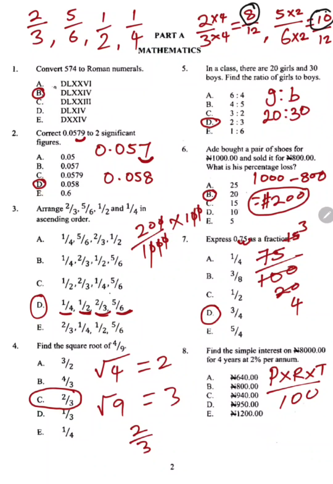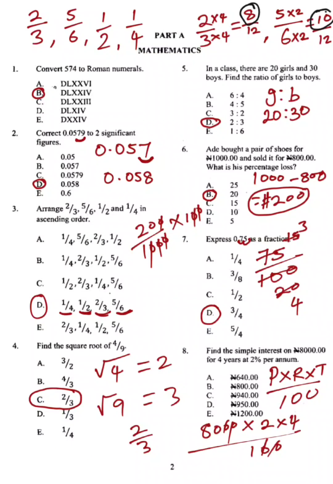Let me write it here for the sake of getting some space. 8,000 times the rate, which is 2%. I'm just going to write 2 there, and then times the time, which is 4 years, over 100. I can easily cross out this, so I will be left with 80 times 2 times 4.